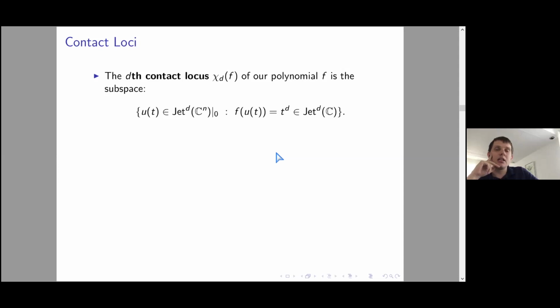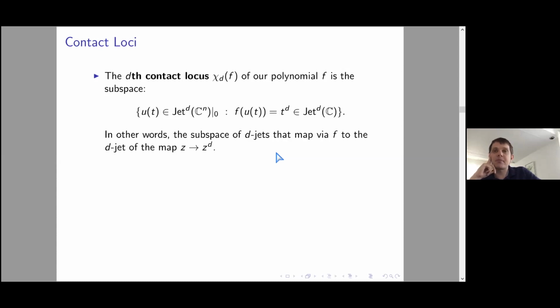Okay. So again, I should probably describe this in terms of equations, and then I'll give an example as well so that we're absolutely clear what it looks like. Okay, so it's the subspace of d-jets that map via f to the d-jet of the map sending z to z to the d.